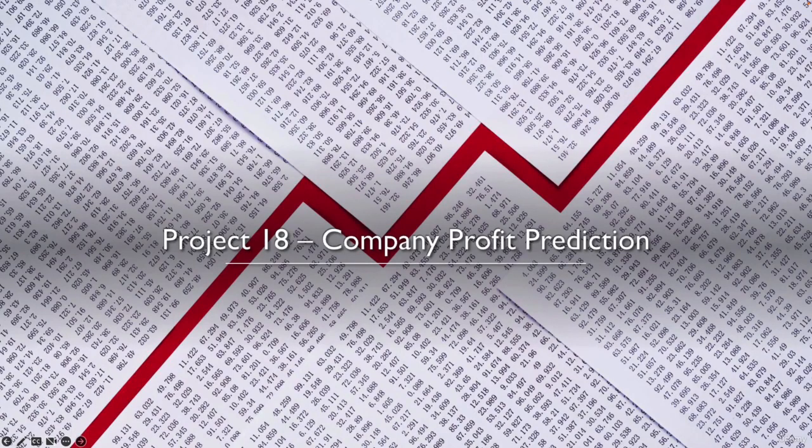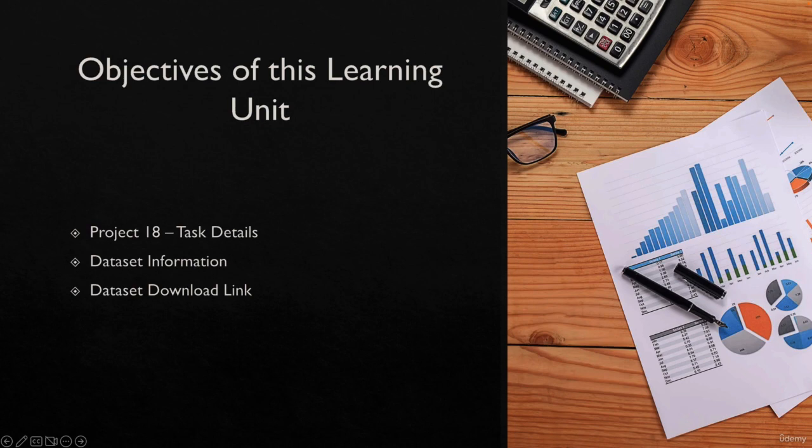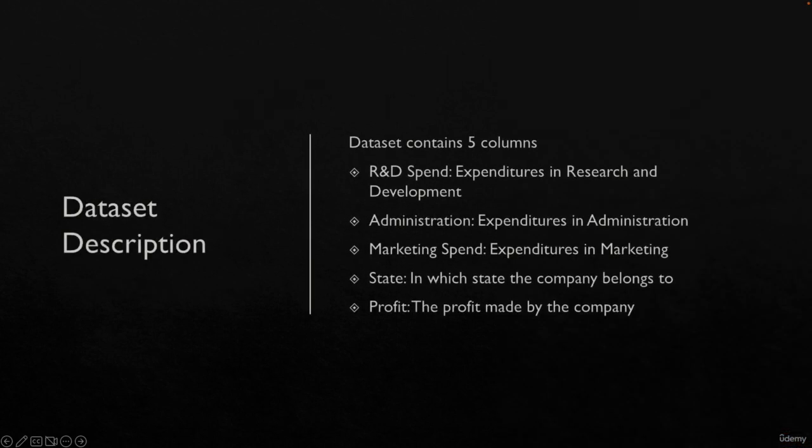In this video, let's look into the expectations from the learner on project number 18, which is about company profit prediction. Here you have been given a data set that contains 5 columns.